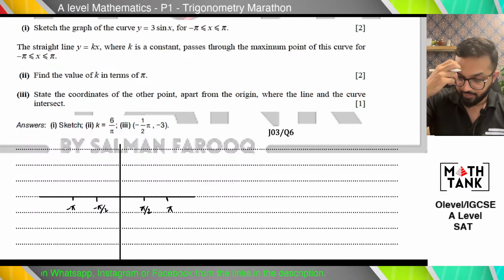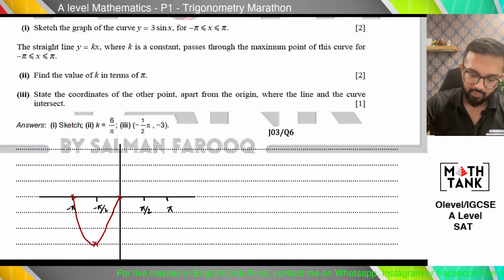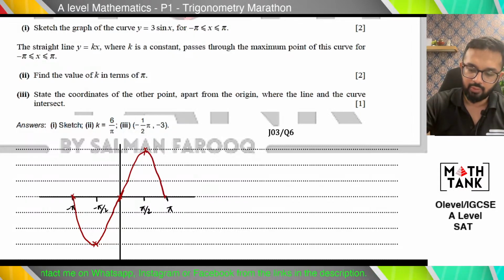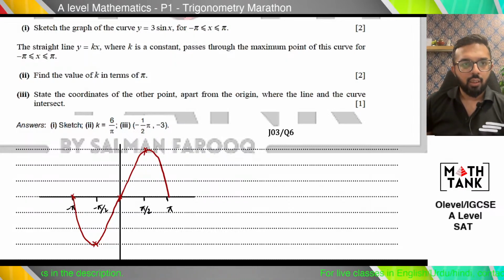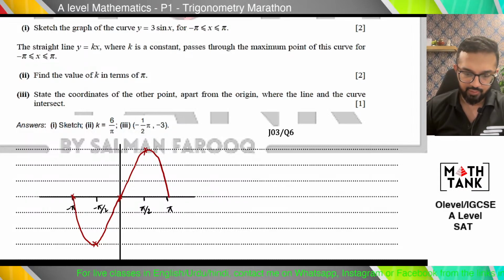Okay, it's going from 0 to minus 3 first, then to 3, so that's something like this, and then to 3. Okay, so my curve looks something like that. That's part A. I've made the sketch.